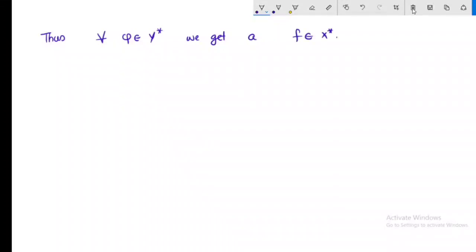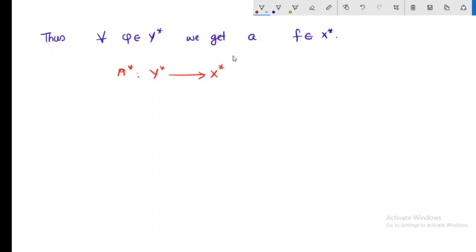Okay. So now we are going to define a map. Define a map A star from Y star to X star.